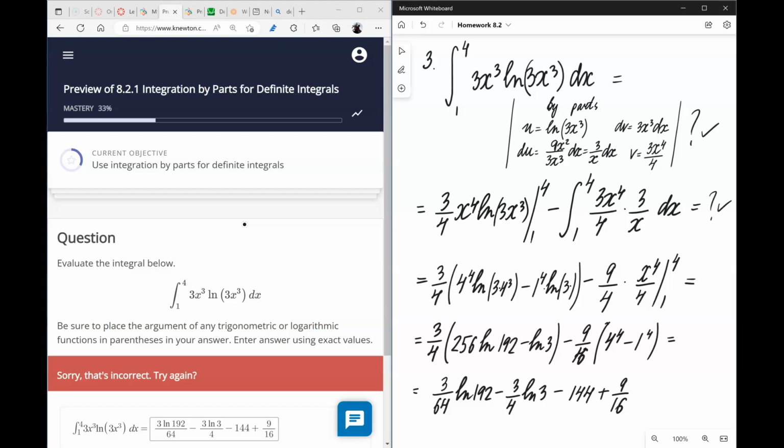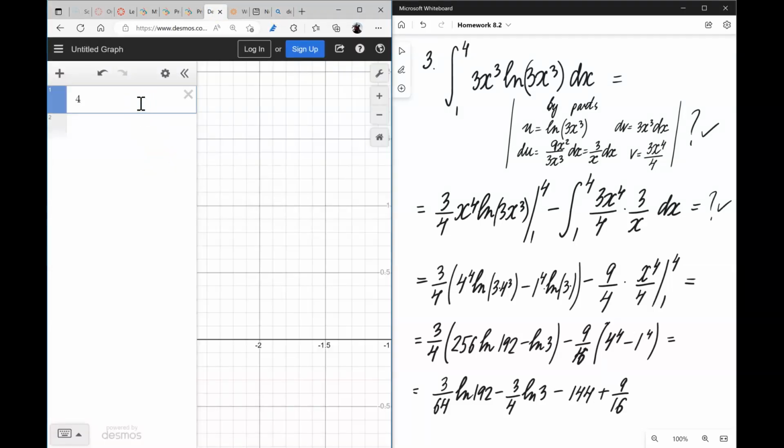It could have been me trying to simplify it too much that is an issue. What's 4 cubed times 3? 4 times 4 times 4 times 3 is 192. 4 to the power 4 is 256. Divided by 4 is... found it. So this is not 3/64.